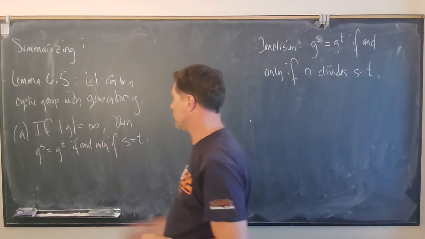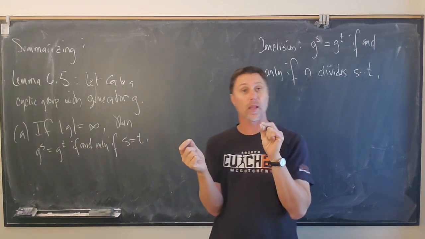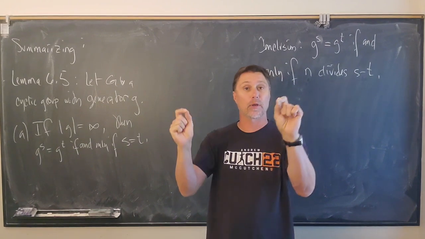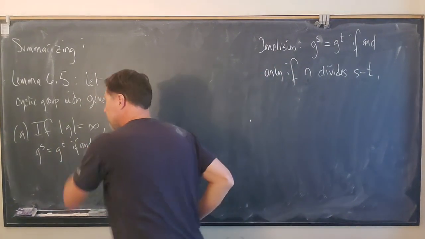So in the situation where we have a generator that has infinite order, when you look at powers of elements, it's very easy to tell whether they represent the same element. The exponent's either the same or it's not, and they're only representing the same element if the exponents are the same.